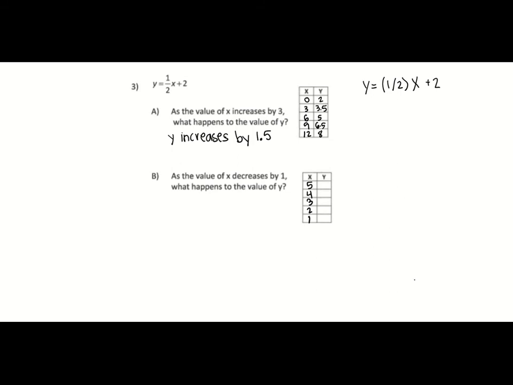For 5 we get 4.5, for 4 we get 4, then 3.5, 3, and 2.5. It looks like our y is going down by 0.5 each time. We're subtracting 0.5 each time our x goes down by 1. So our y decreases by 0.5.